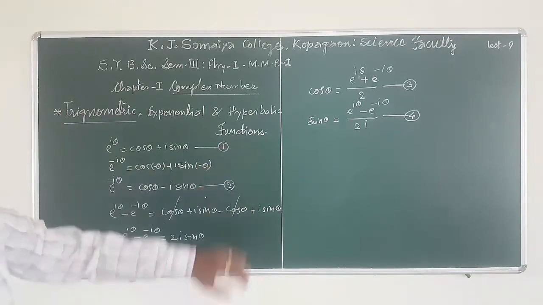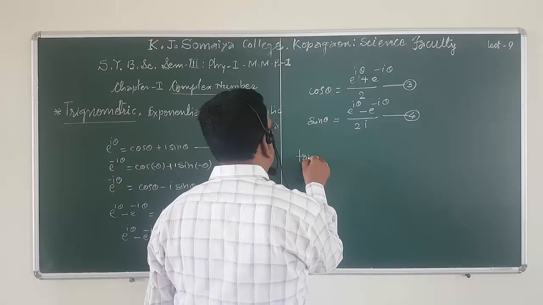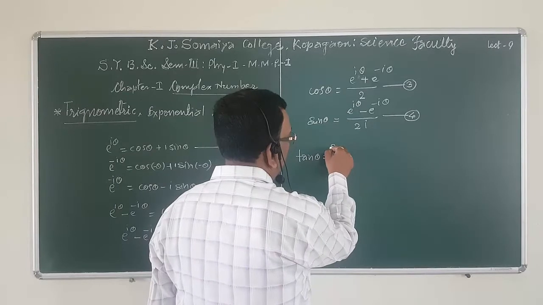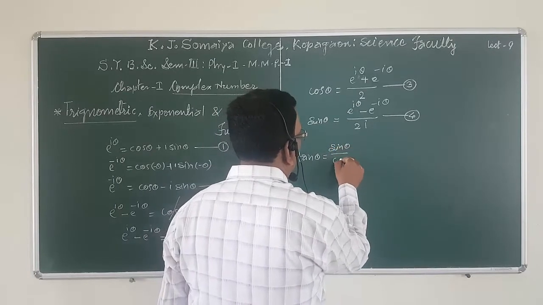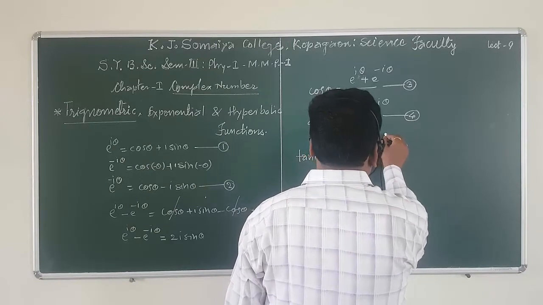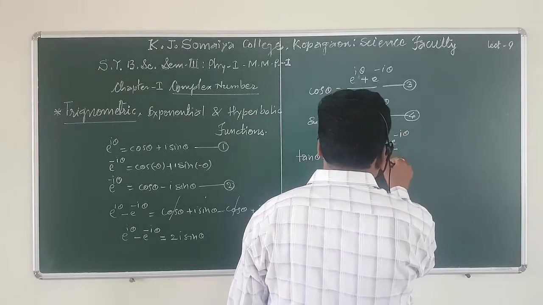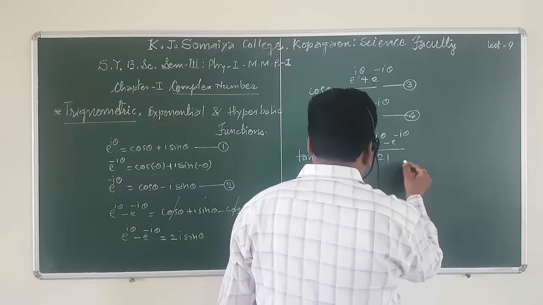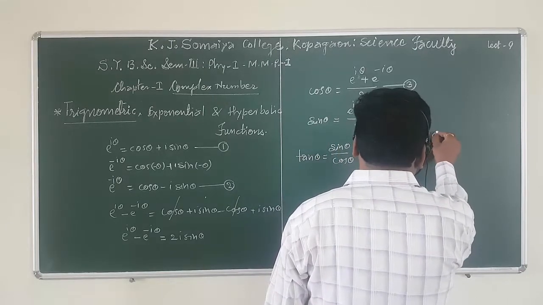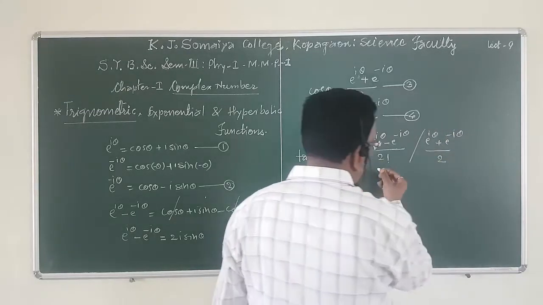From these two trigonometric functions, we get the third, tan theta, and we know that sin theta upon cos theta is equal to tan theta. Therefore, tan theta is equal to e raised to i theta minus e raised to minus i theta upon 2i, divided by e raised to i theta plus e raised to minus i theta upon 2.